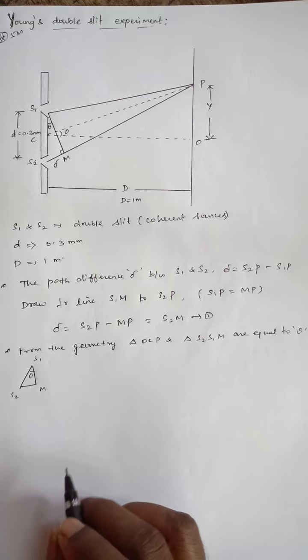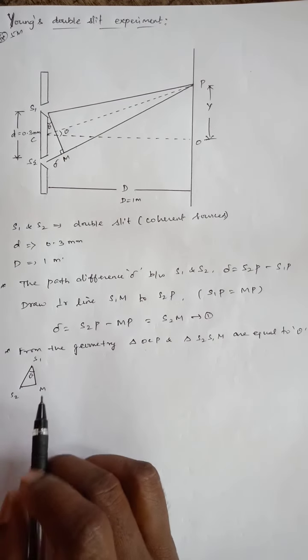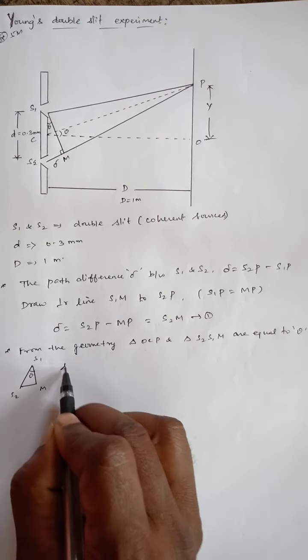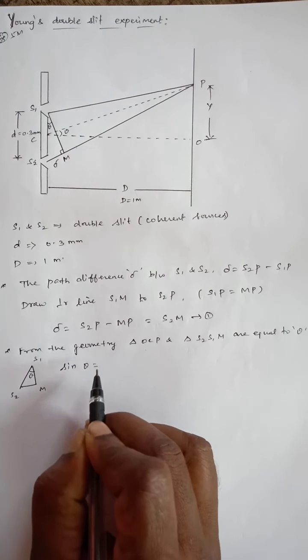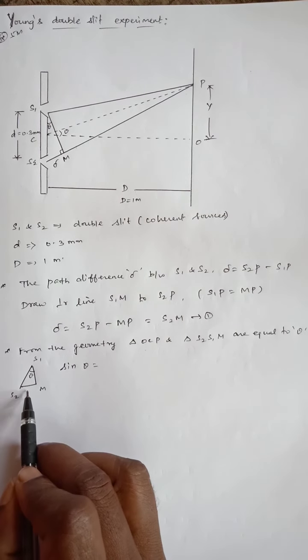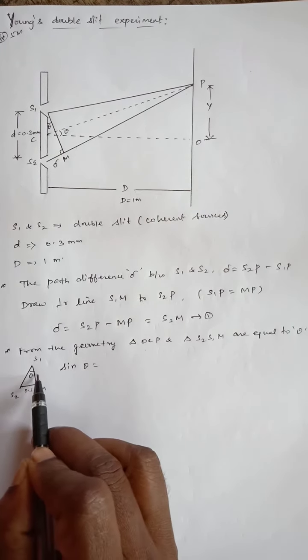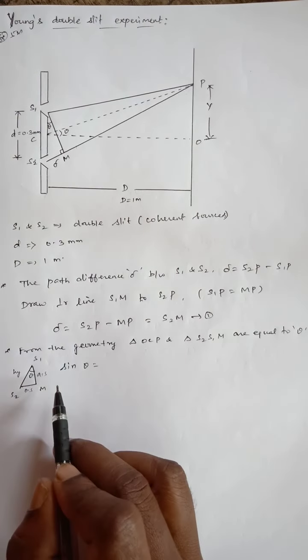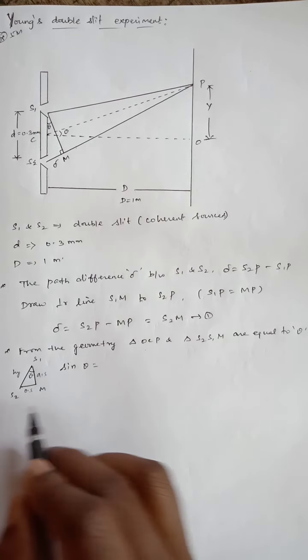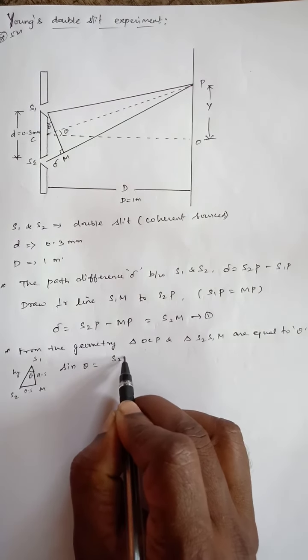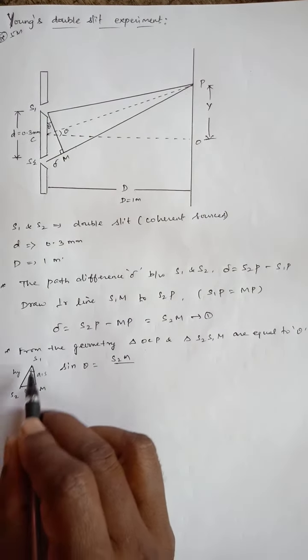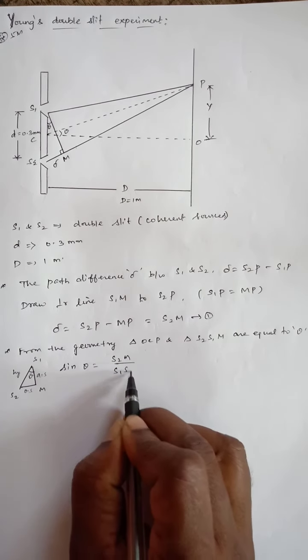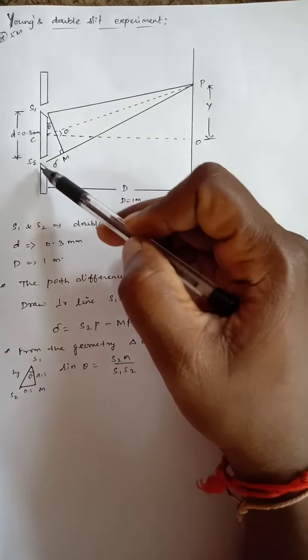Okay, so we want to find this length, no? So make it a sin theta here. What is the sin theta formula? Here is the angle, this is the opposite side, this is the adjacent side, this is the hypotenuse side. So sin formula equals what? Opposite side by hypotenuse. So S2M, then hypotenuse equals S1S2. So the value of S1S2 equals what?